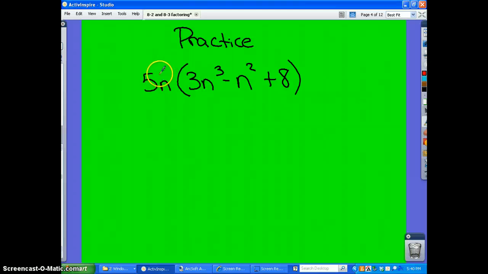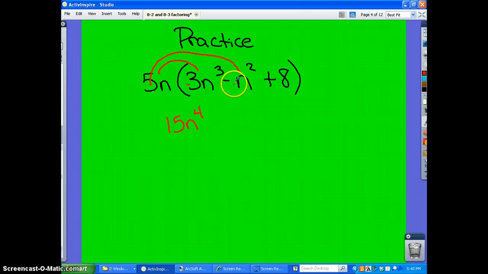Alright, here we go. 5n times 3n cubed: 5 times 3 is 15. N, there's that 1 there; it's understood that there's a 1. So add my exponents, 3 plus 1, so 15n to the fourth. Then 5n times negative n squared.